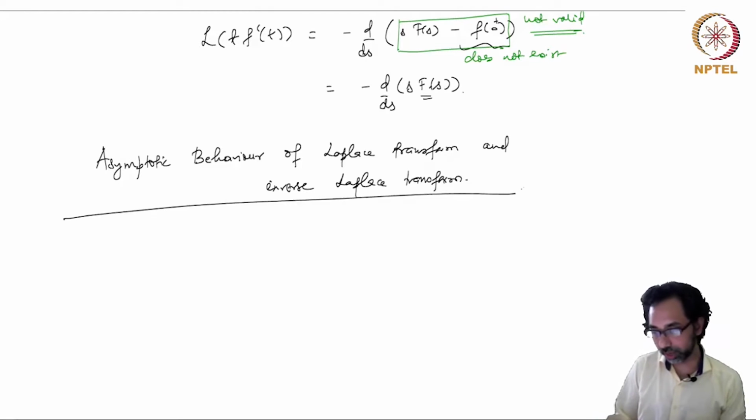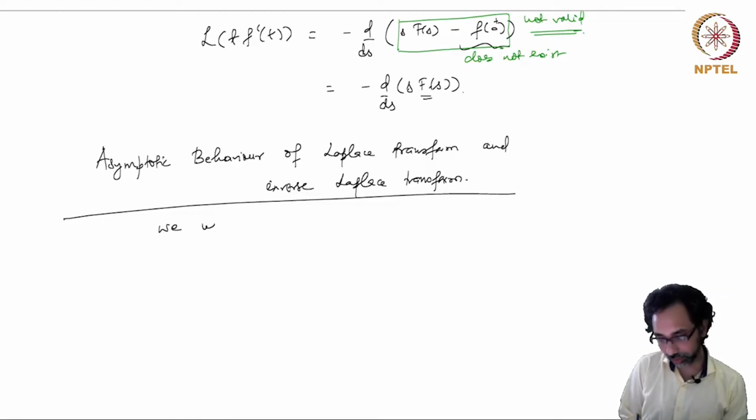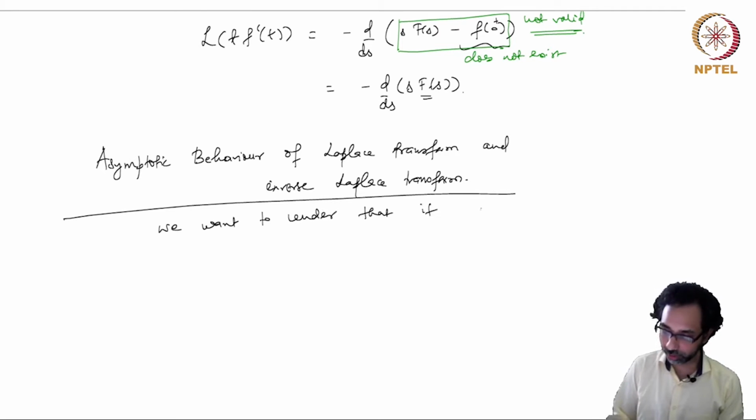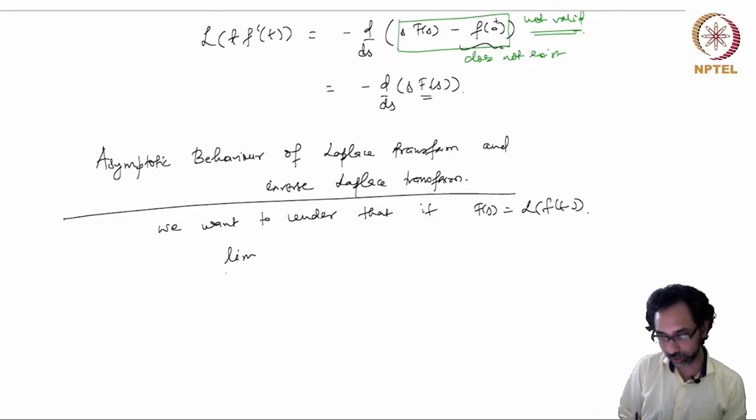By asymptotic behavior, we want to understand that if F(s) is the Laplace transform of f(t), then we want to consider the limit as t goes to 0 plus of f(t).